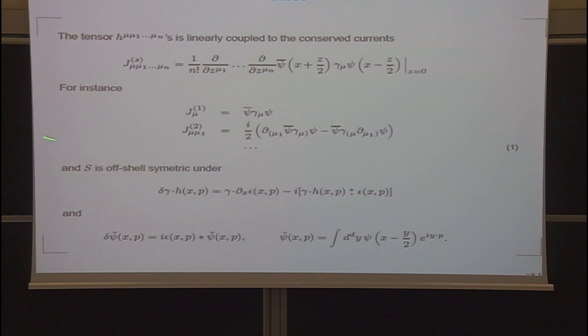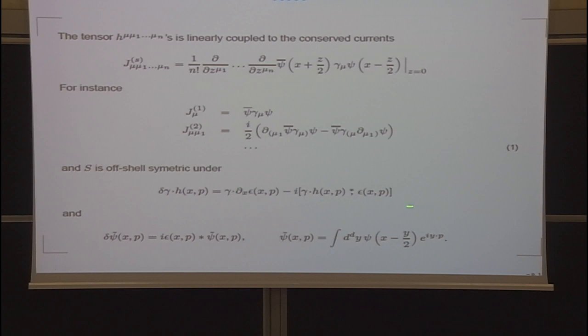And what is more important is that S is off-shell symmetric. This is important: off-shell symmetric under these gauge transformations. You see, we should take out the gammas, of course, and we have an index gamma A or mu, and we have the dA, and here HA.